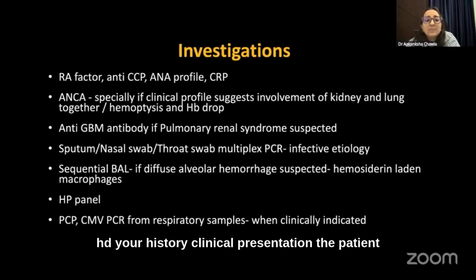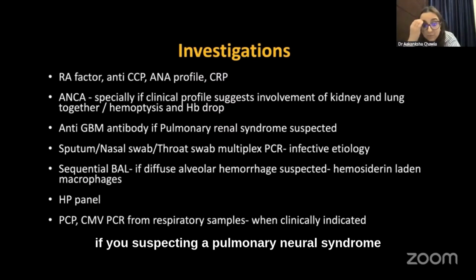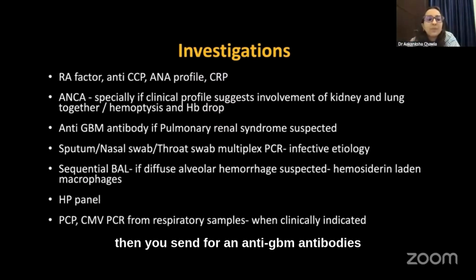So as per your history and clinical presentation of the patient, you accordingly proceed to investigate. If you are suspecting a CTD ILD, or specifically a vasculitis related underlying condition, then you send your RA factor, anti CCP, ANA profile, ANCA, CRP. If you are suspecting a pulmonary renal syndrome, then you send anti-GBM antibodies.